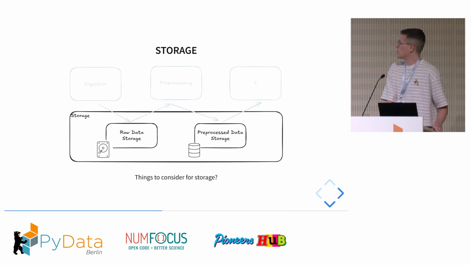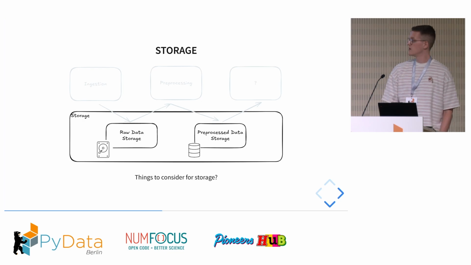For things to consider, we could, for example, use our raw data storage right on the disk. So if you're an on-prem server, why not just write to disk? It's usually the quickest of the, let's say, realistic options. Pre-processed data, for example, could also go to the database if it's suitable data for the database.